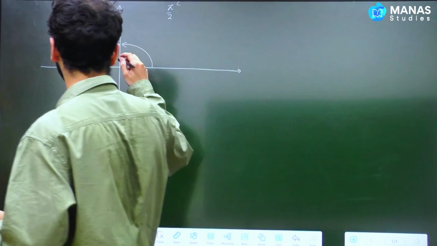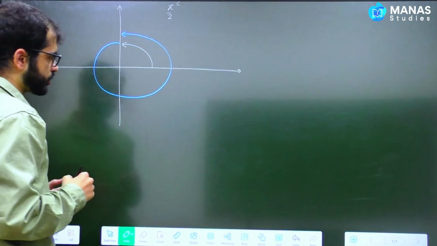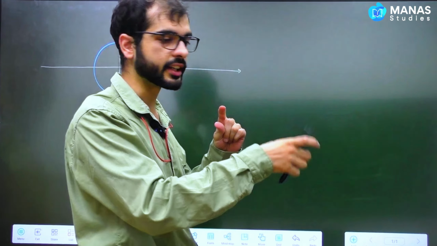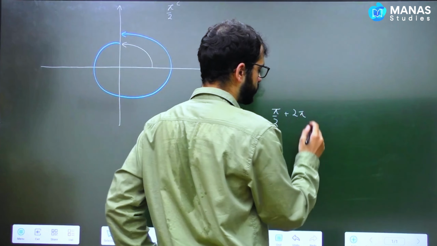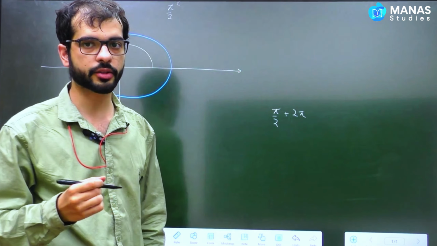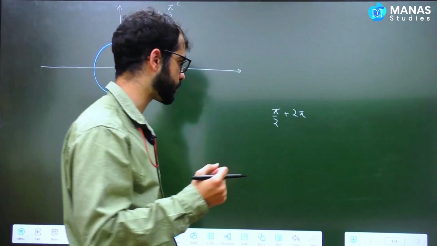If instead of stopping over here, I make another round, what just happened? I got pi by 2, then I moved further by 2 pi radians. So I'm going to write pi upon 2 plus 2 pi. Right now I'm writing this, but you have to practice it so that it comes on your tips and you are able to quickly answer these. I'm going to help you with a trick.